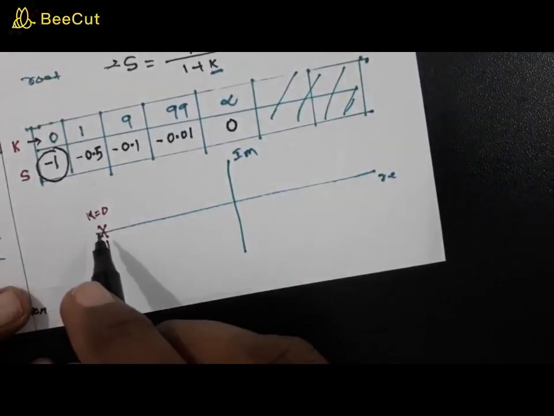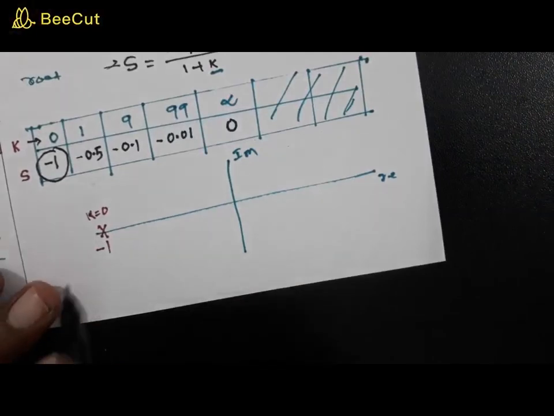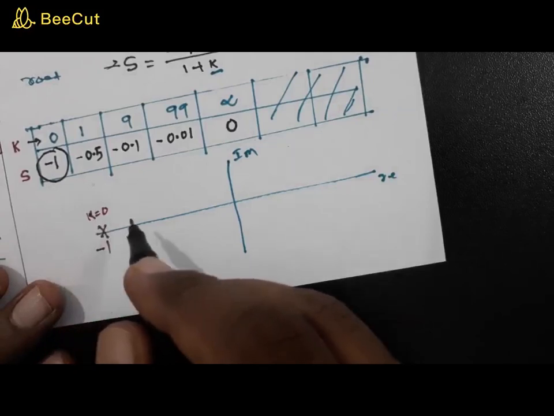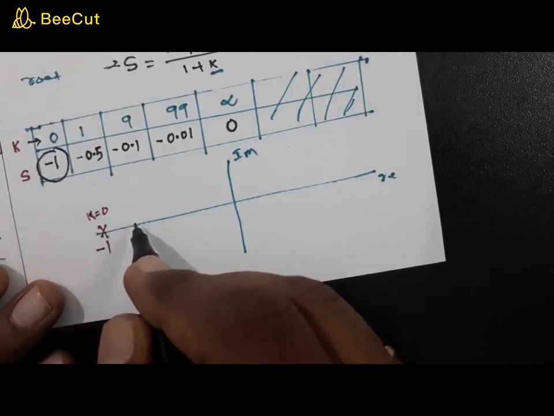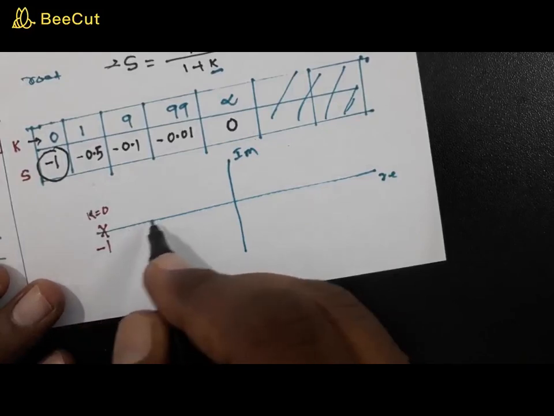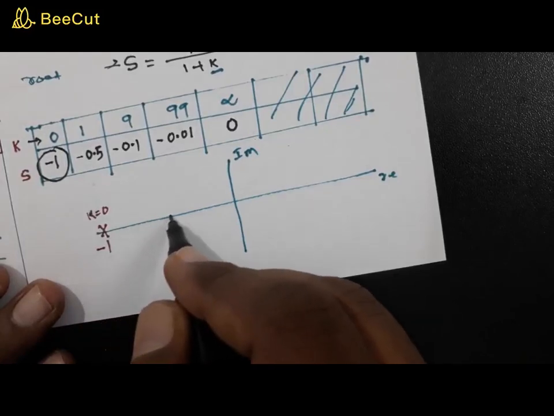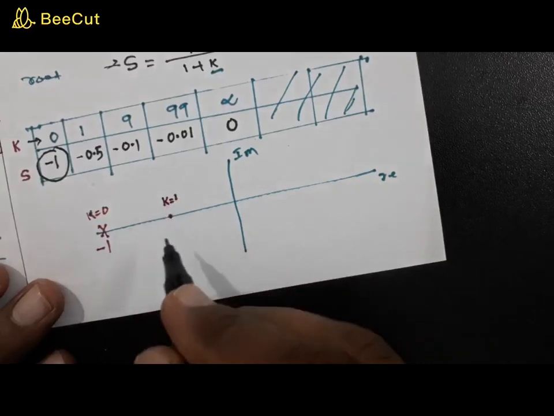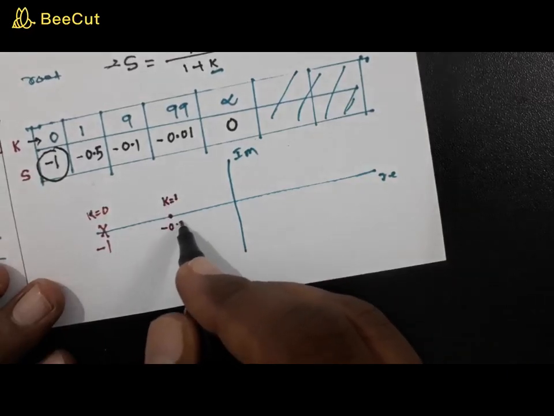So the root locus starts at k is equal to 0. And what happens at k is equal to 1? As you can see, as k varies, the root has reached here. So this is the point corresponding to k is equal to 1. This is minus 0.5.